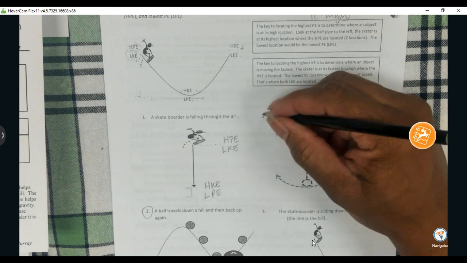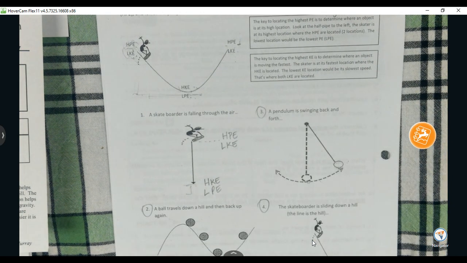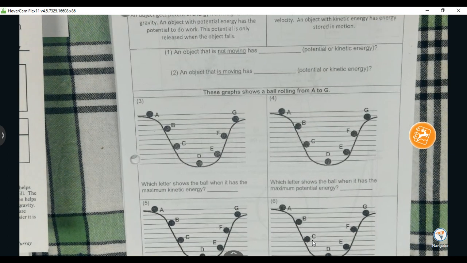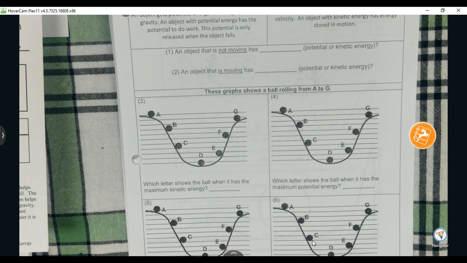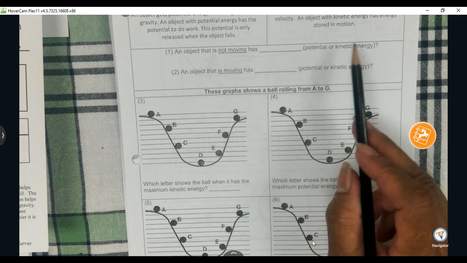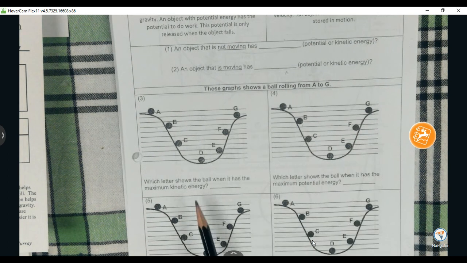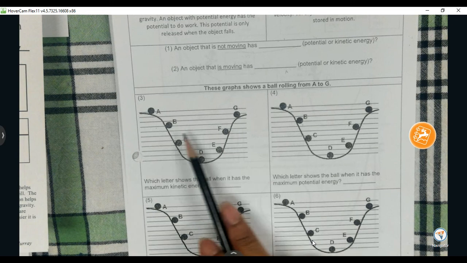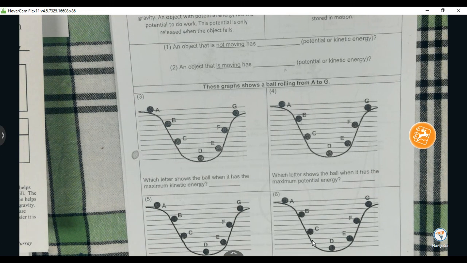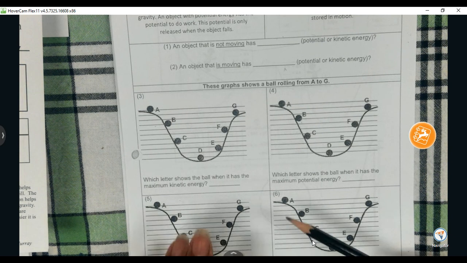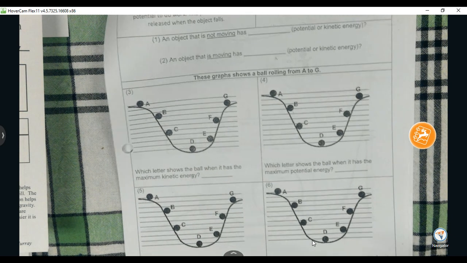So then you complete 2, 3, and 4. Same principle. You'll also do this page, page 5. Same thing. You determine whether it's an example of kinetic or potential, and here you're analyzing A through G to determine the maximum kinetic energy, maximum potential energy. This part I think is self-explanatory.